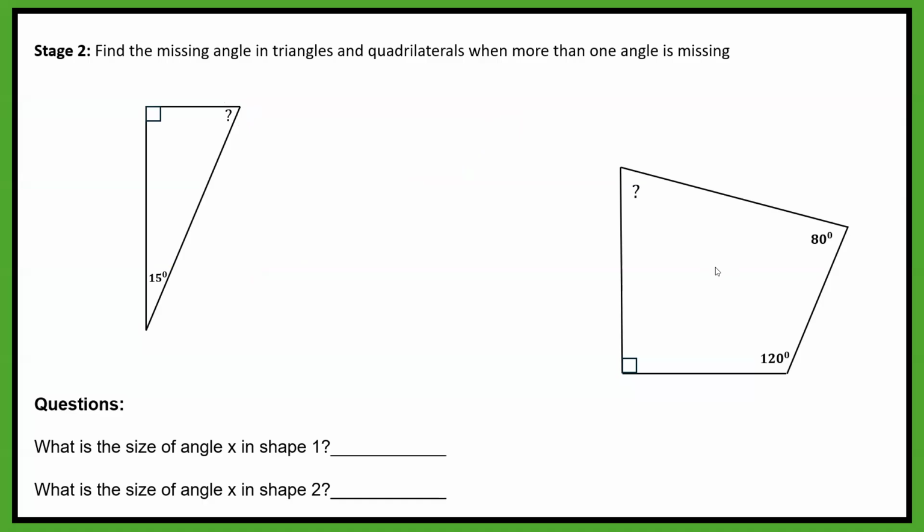First, we know that we have a right angle, which is 90 degrees, so we can add 90 and 80 together, which is 170, and then 170 add 120, and if you add that together, we'll get 290. Amazing. Then we need to do 360 minus 290.